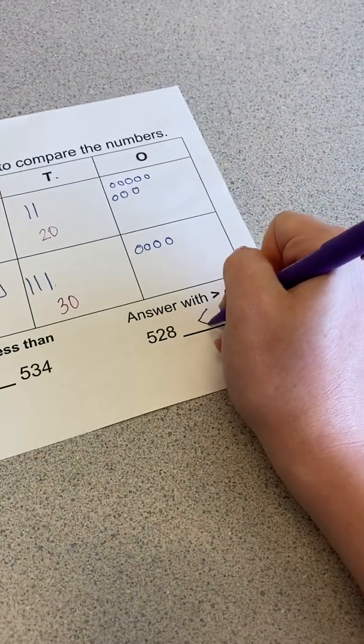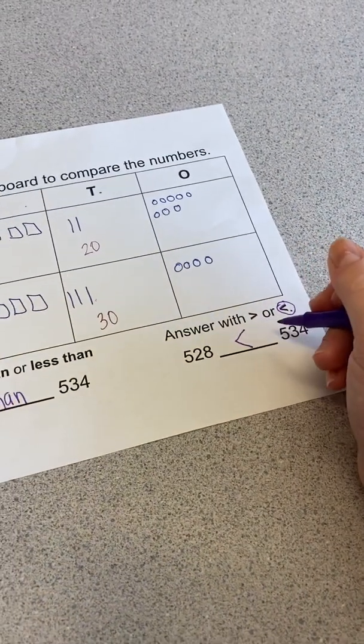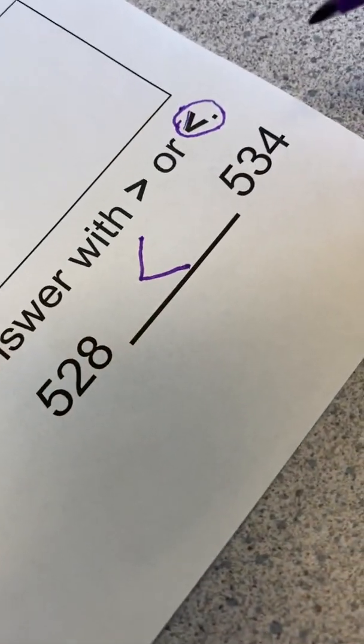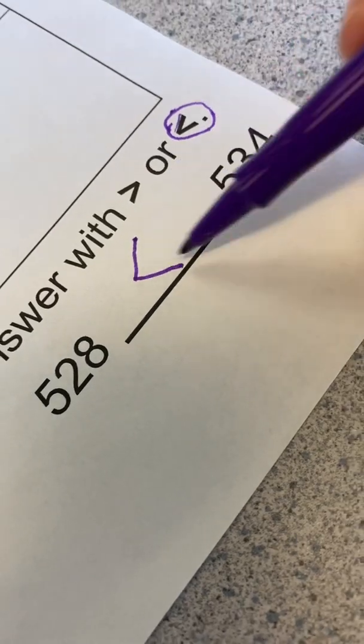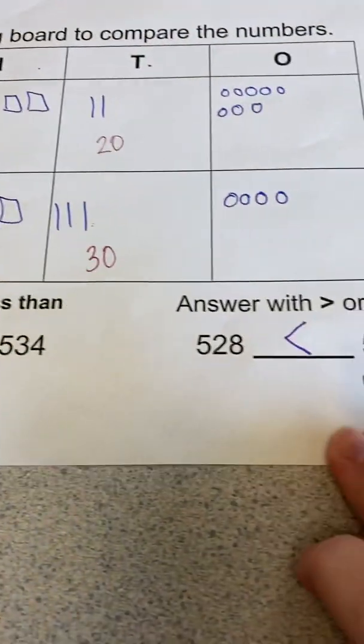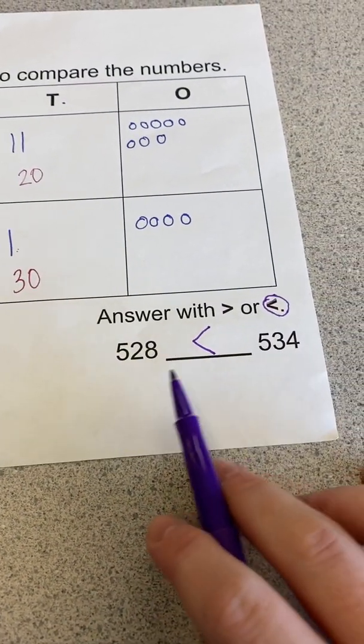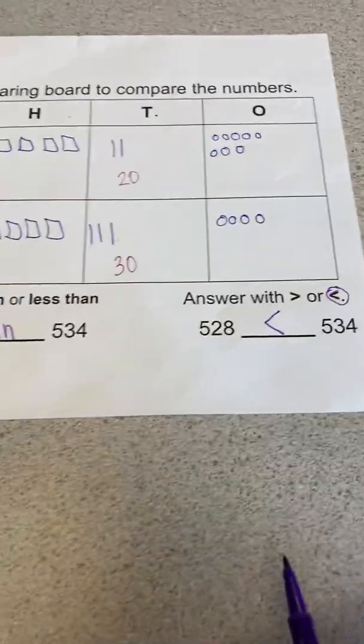And if you forget that, I always like to think of the less than number, if I turn my paper sideways, is kind of like an L. So less than looks like an L, and it starts with an L. And so then I can remember that 528 is less than 534 when it is written like this.